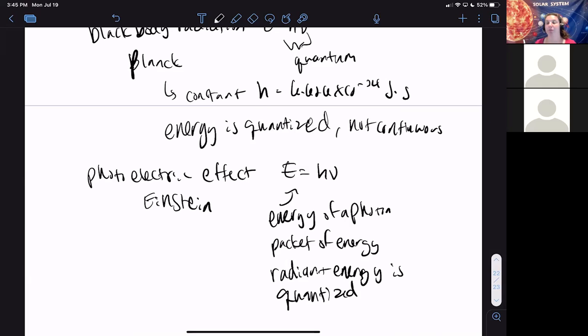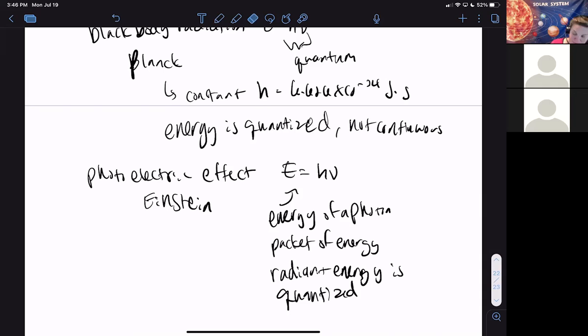So with this one, what they found is different metals require different frequencies of light to cause the ejection of electrons. And it didn't matter, again, if you change the intensity, so if you change the amount of photons, it still didn't change if a material emitted electrons or not at a specific frequency.